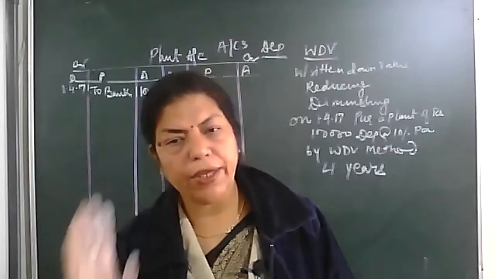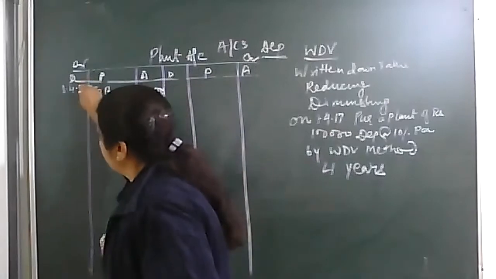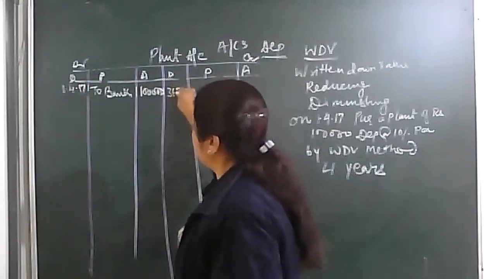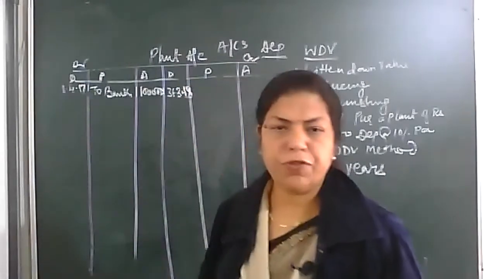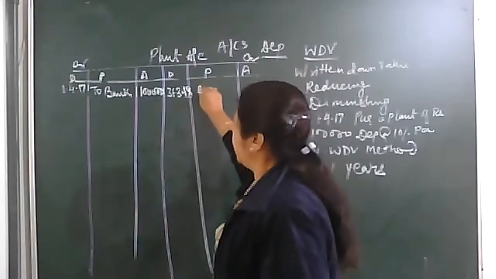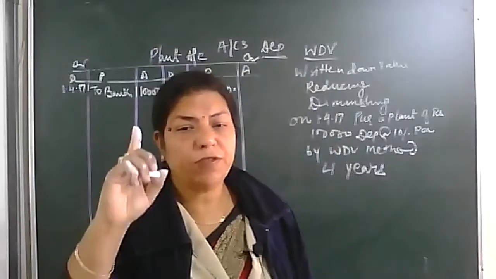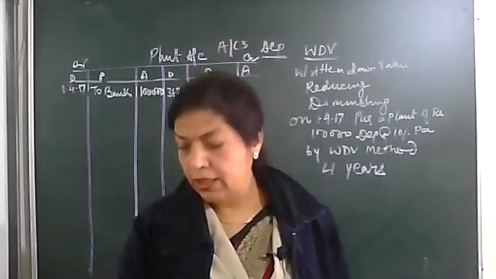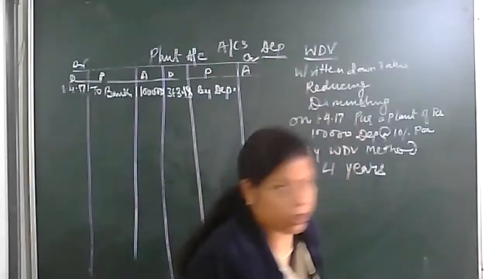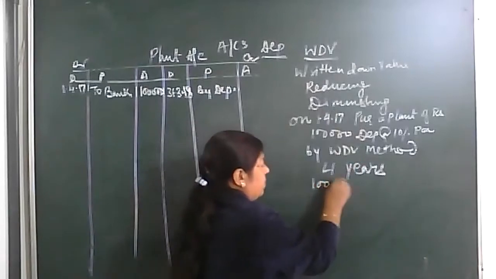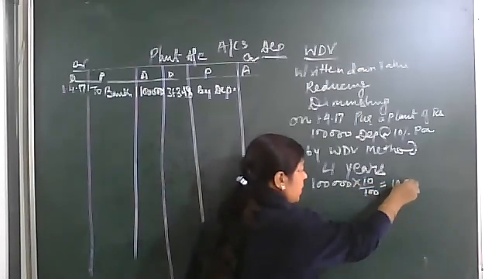Now see, 1st April 17. The year ends on 31st March 18, by depreciation. Now the depreciation will be on 1 lakh. How to calculate the amount? 1 lakh into 10 upon 100, that is 10,000.